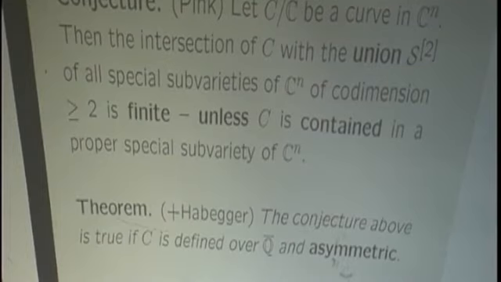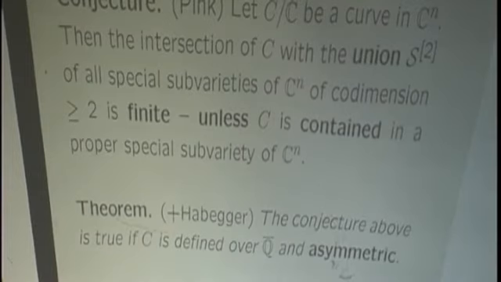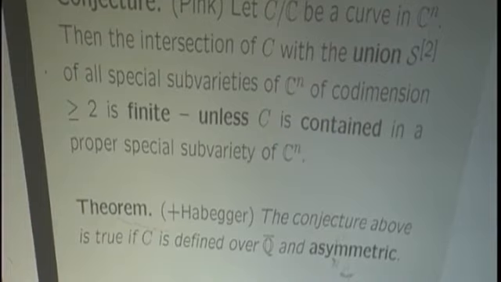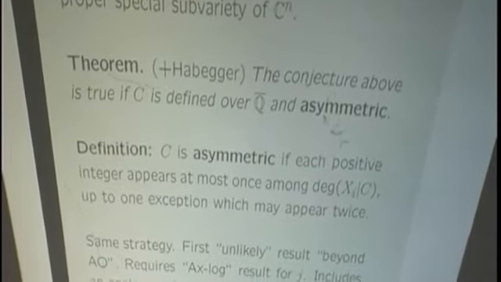The conjecture says that that's a finite set unless C is contained in a special subvariety. That's a special case of Pink's conjecture. And using the same technology, we can prove that, unfortunately, under a rather special condition. C has to be defined over Q bar, and it has to have this asymmetry condition.